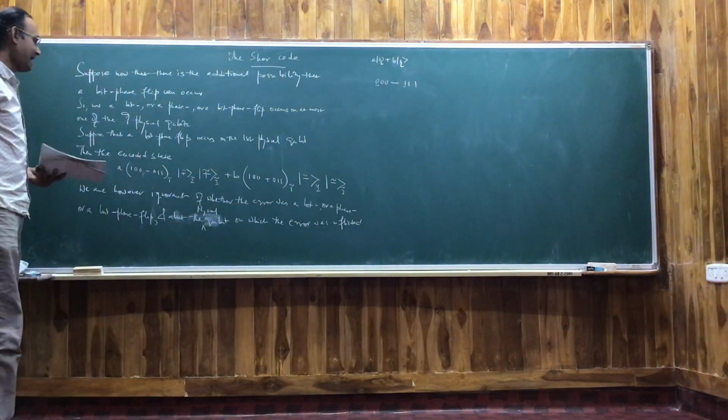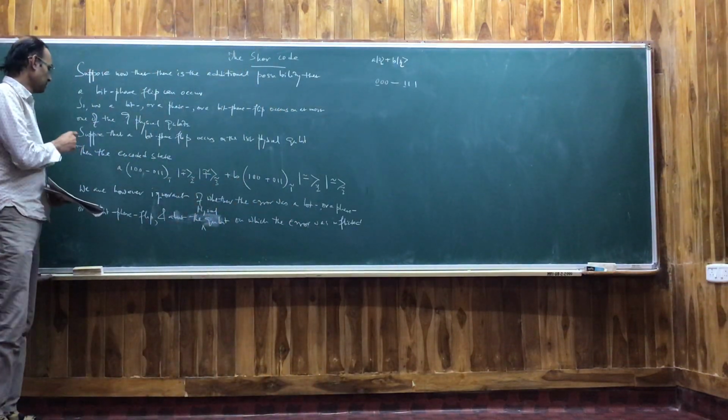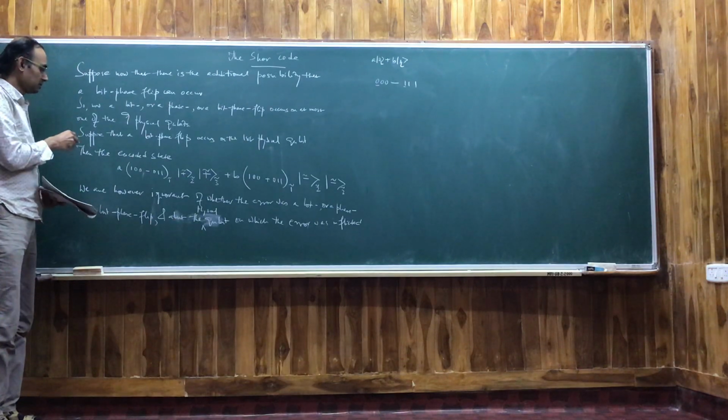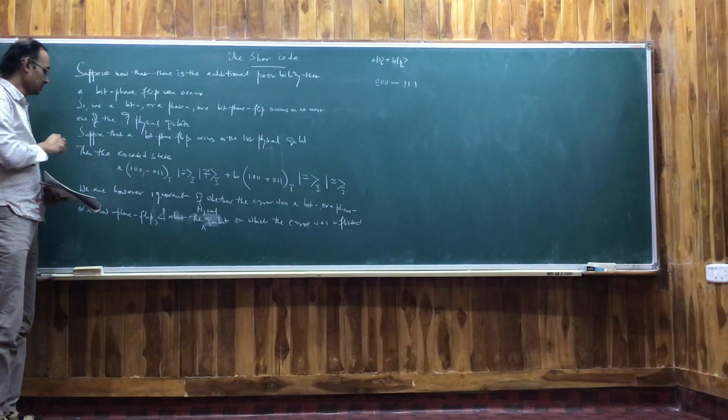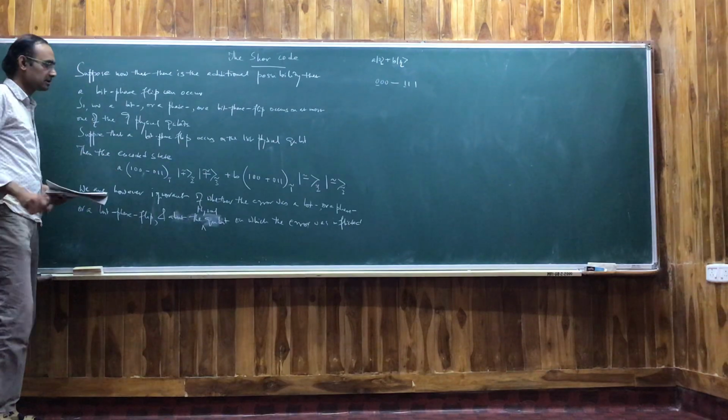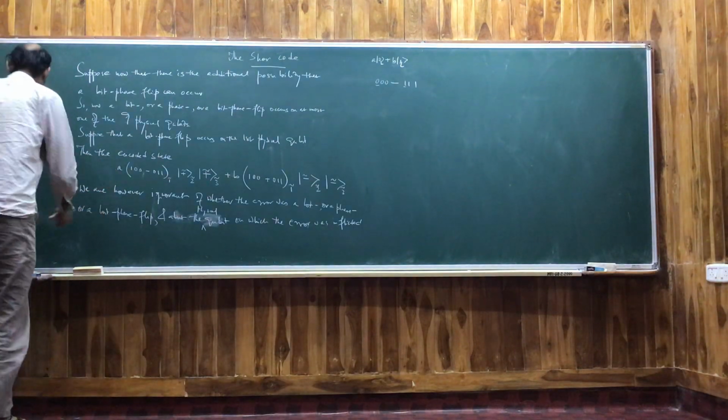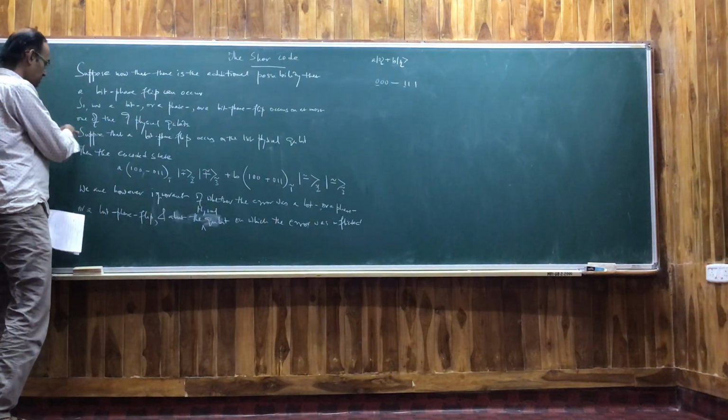Yes? We don't know this. By chance this has happened. Then this occurs, but we ourselves don't know whether this has actually happened. So we have to correct the error without this knowledge.